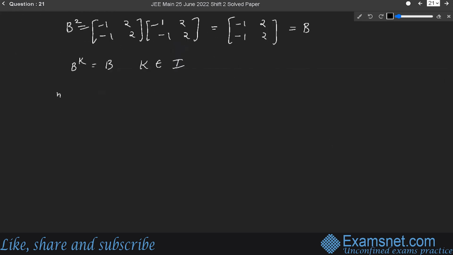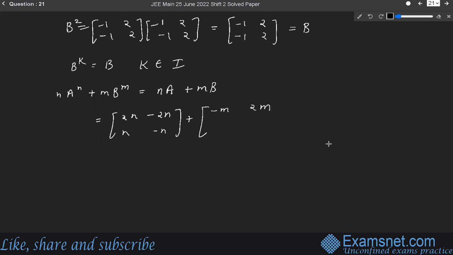Therefore, n into A to the power n plus m into B to the power m will be equal to nA plus mB. So this will be equal to n into A, which is [2n, -2n; n, -n], plus m into B, which is [-m, 2m; -m, 2m].